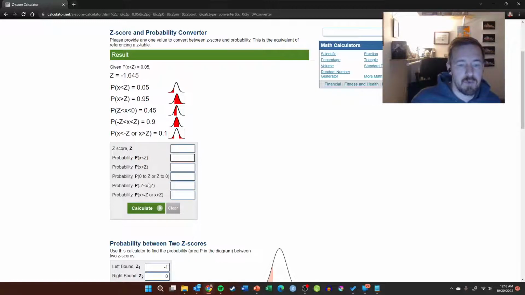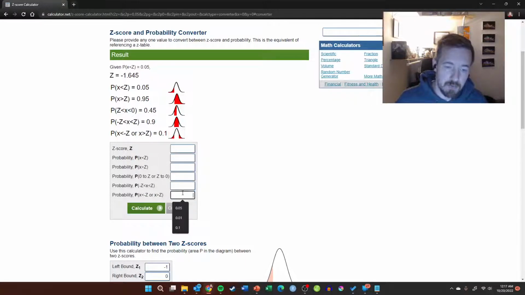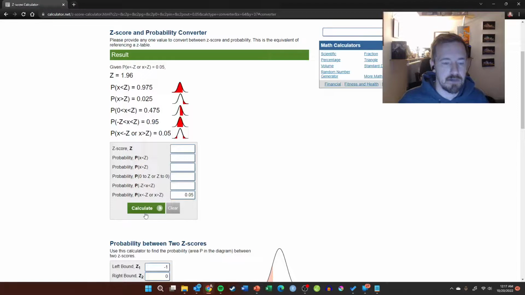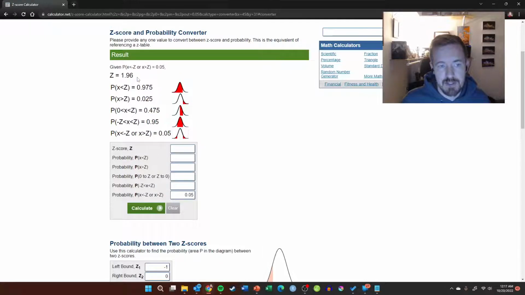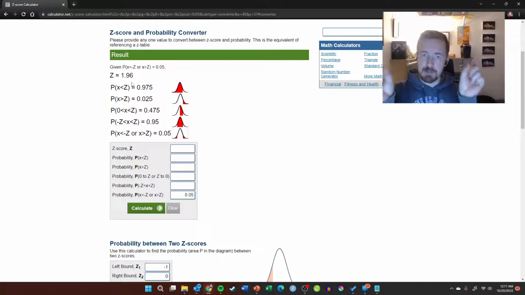We want to find what happens if it's in both of these tails. So ultimately, we have to be a little bit tricky here. We're going to put 0.05 here, and I'm going to calculate that. And now you see that the z-score is different. The z-score here is 1.96. Why is it different? Because now we're taking that 5% alpha and splitting it into 2.5%.